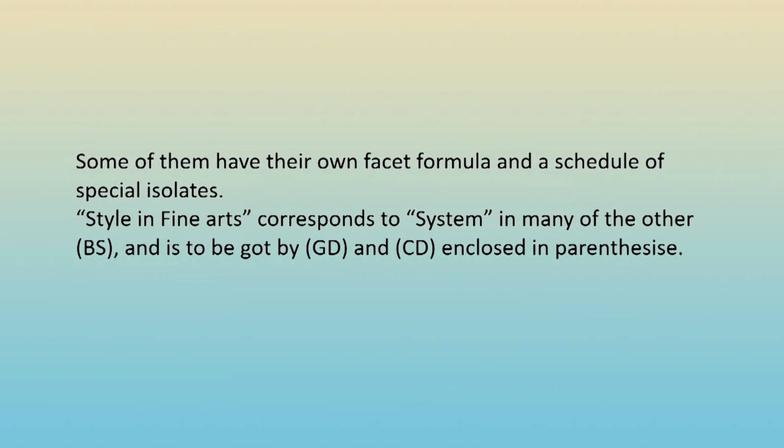You have to see chapter EN in part E for these special isolates, and style in fine arts corresponds to system in many of the other basic subjects and is to be got by geographical and chronological device enclosed in parentheses.